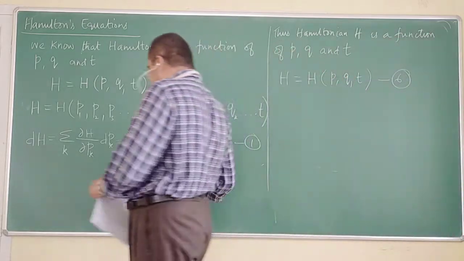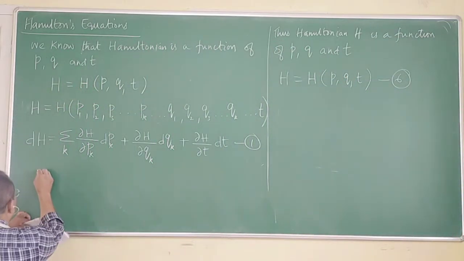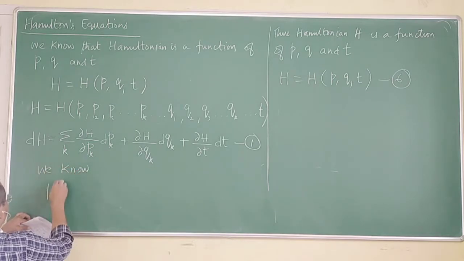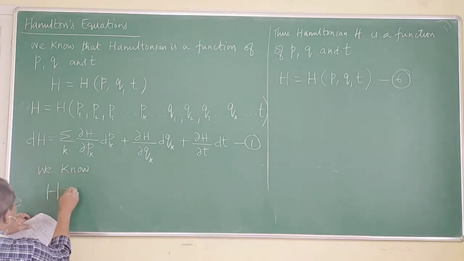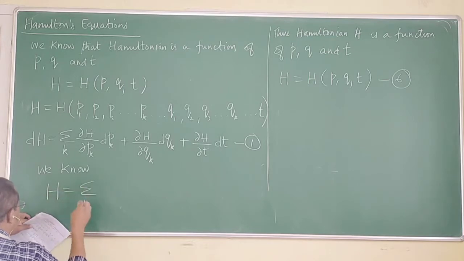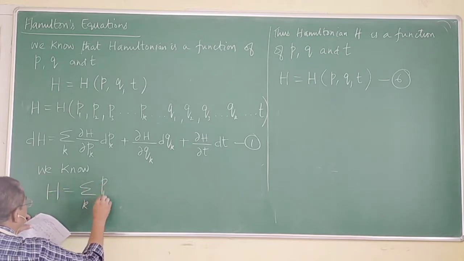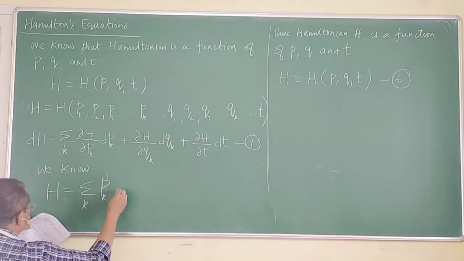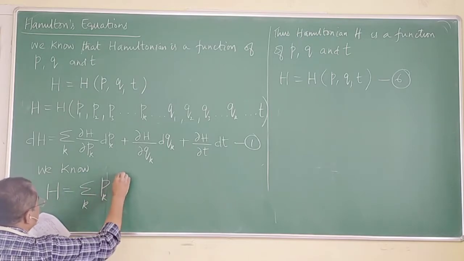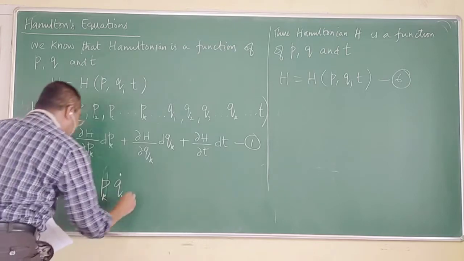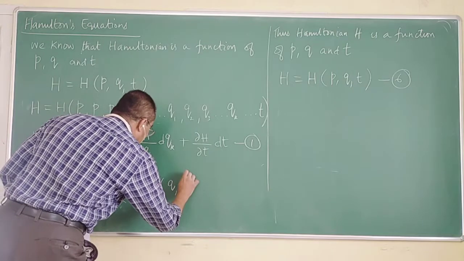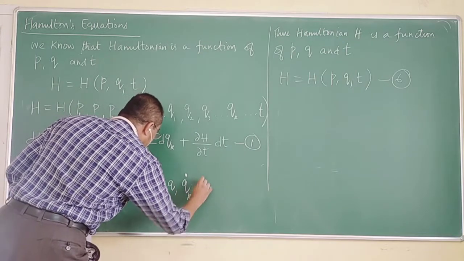Therefore, I will write, we know the Hamiltonian H is equal to sigma over k of p_k into q dot k minus L of q, q dot k, t.